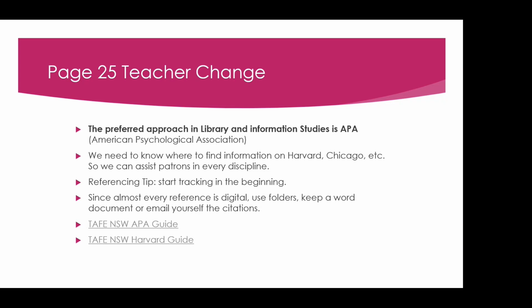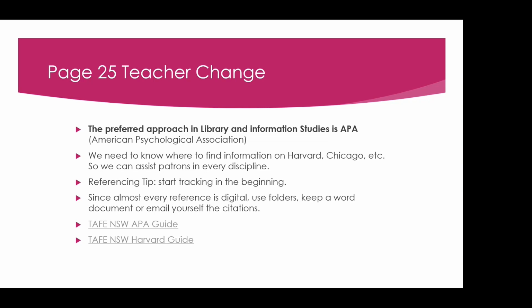It's important that you understand there are different formats for writing papers, and there are different formats for giving credit. You're doing the same thing no matter what format you're using. Those formats are what we're calling APA, Harvard, Chicago, okay?